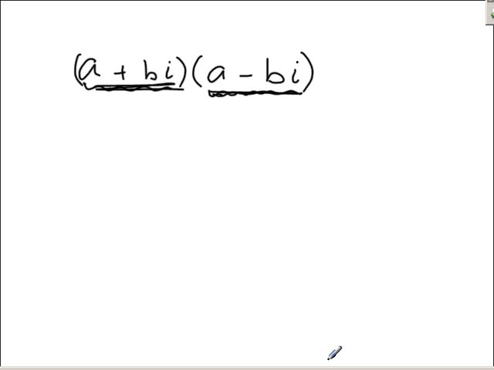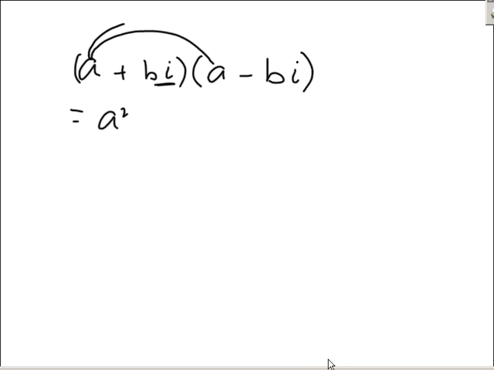They're both complex conjugates of one another. Let's see what happens when you multiply complex conjugates. Well, you get a times a, which is a squared. You get a times negative bi, which is negative abi. You get positive bi times a, which is the same as a times bi.